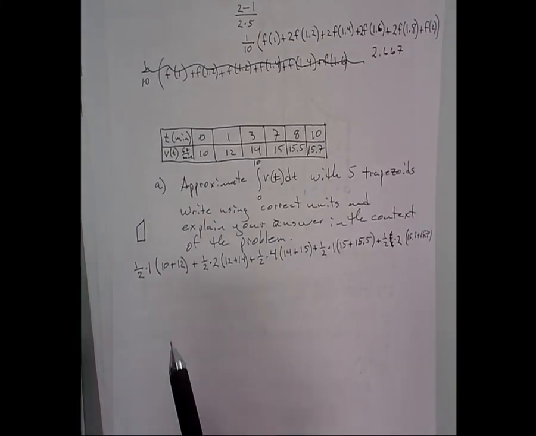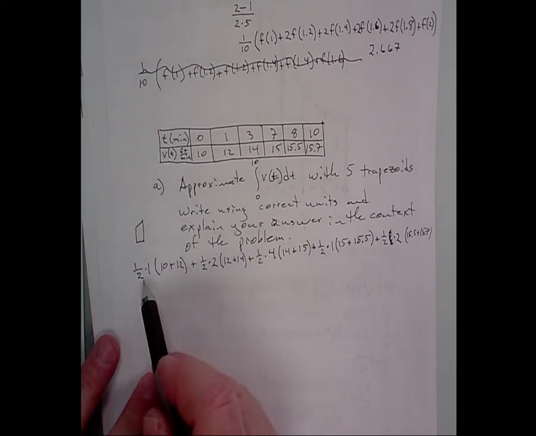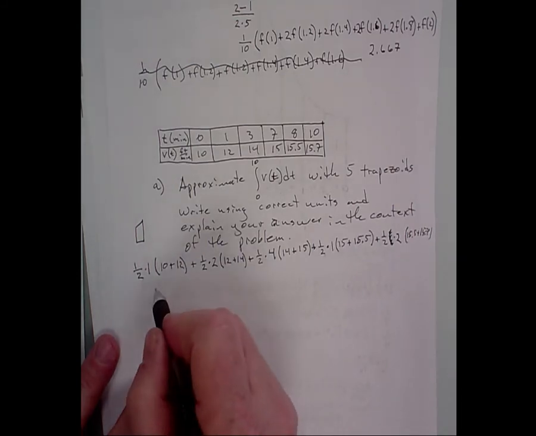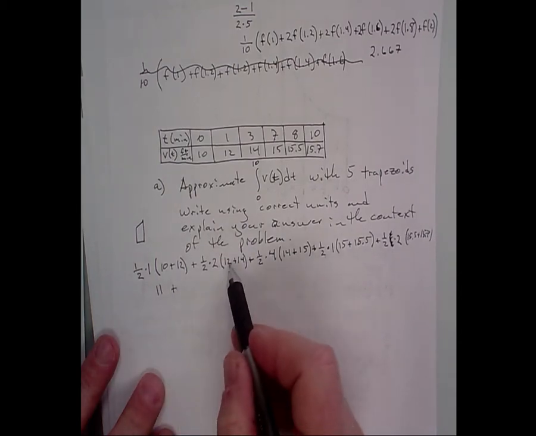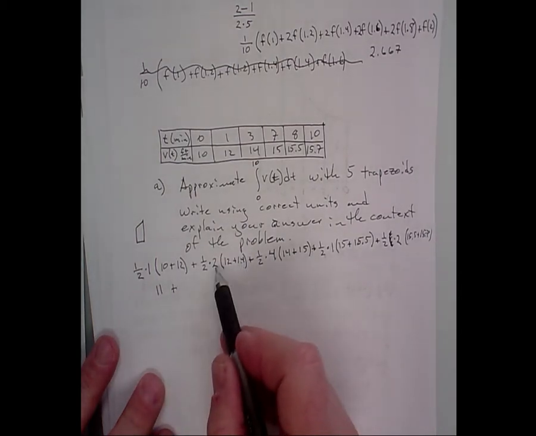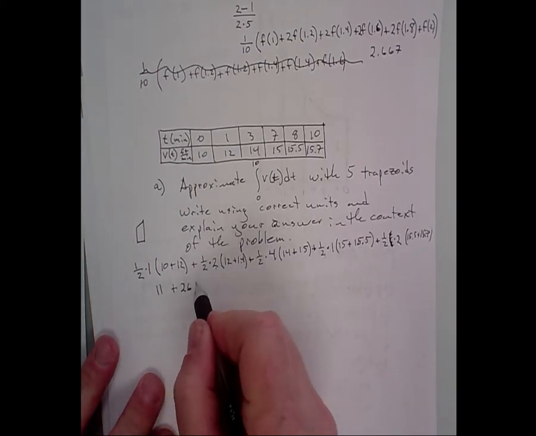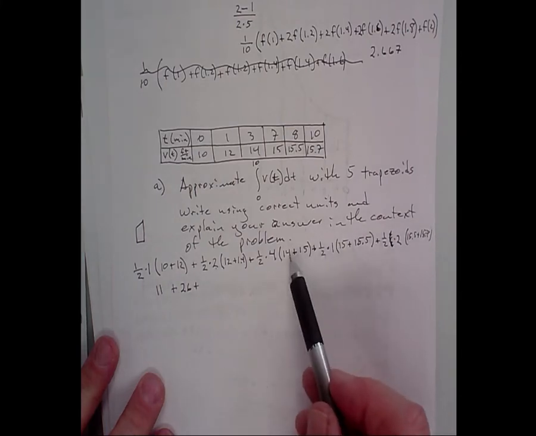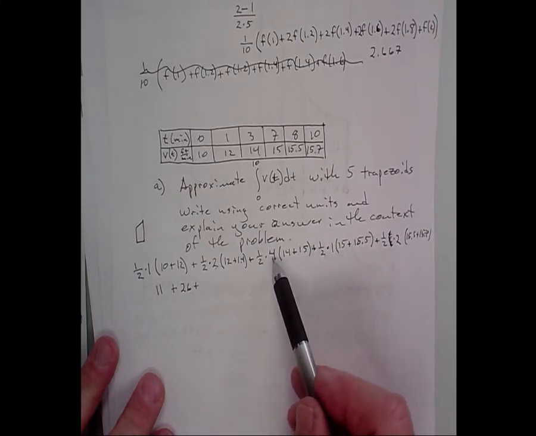So, 10 plus 12 is 22. Half of it is 11. Plus 12 plus 14 times 1. 12 plus 14 is 26, times 1 is 26. Plus 14 plus 15 is 29, times 2, right? 58.